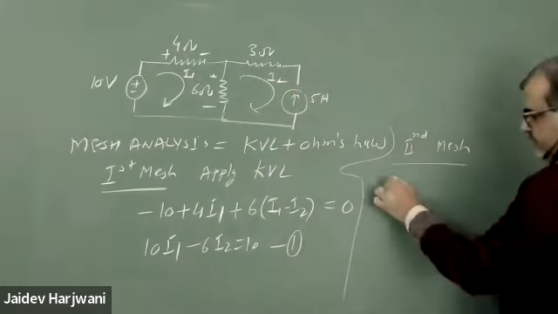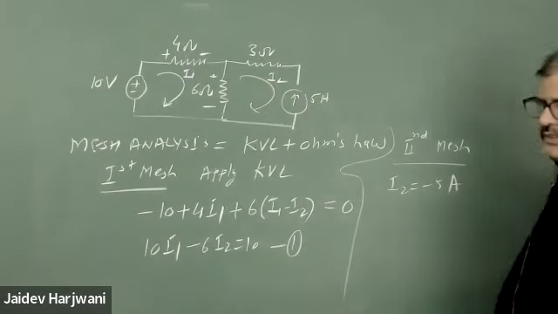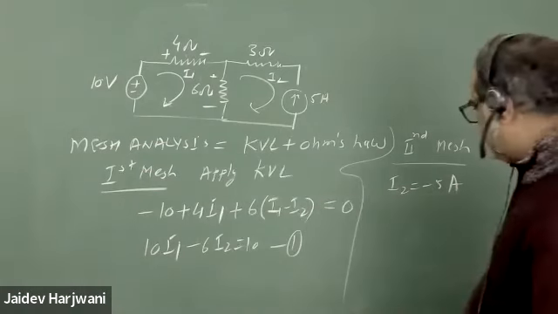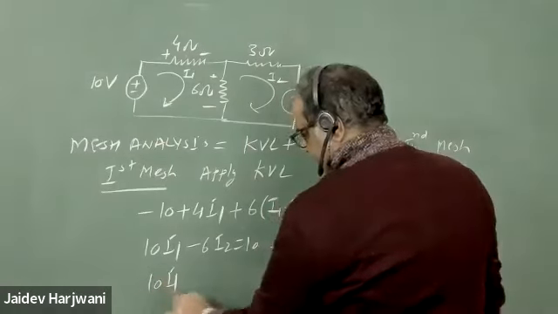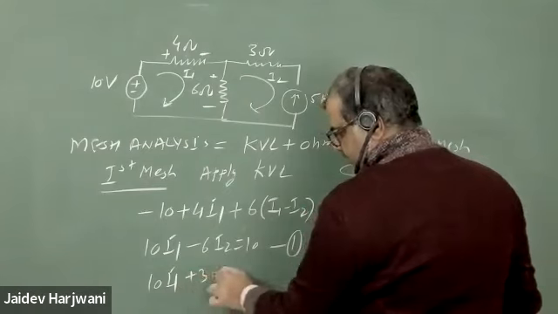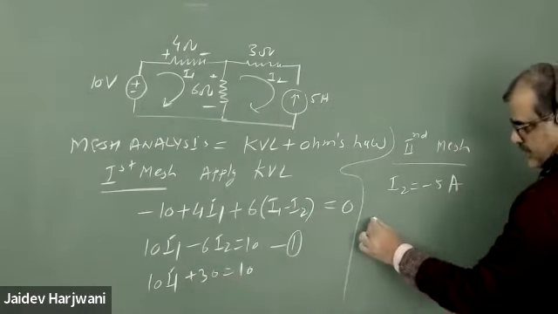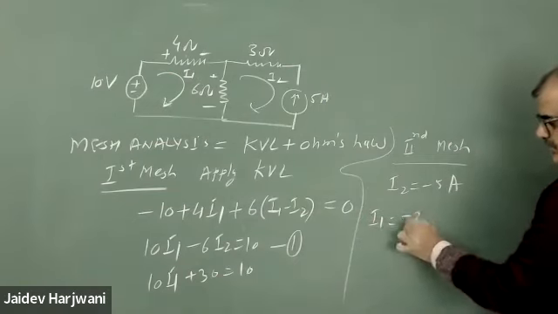So my I2 is minus 5 ampere. So only I1 needs to be found to put the values here. So that becomes 10 I1, minus 6 times minus 5 gives plus 30, equals 10. Now I1 will be minus 2 ampere.